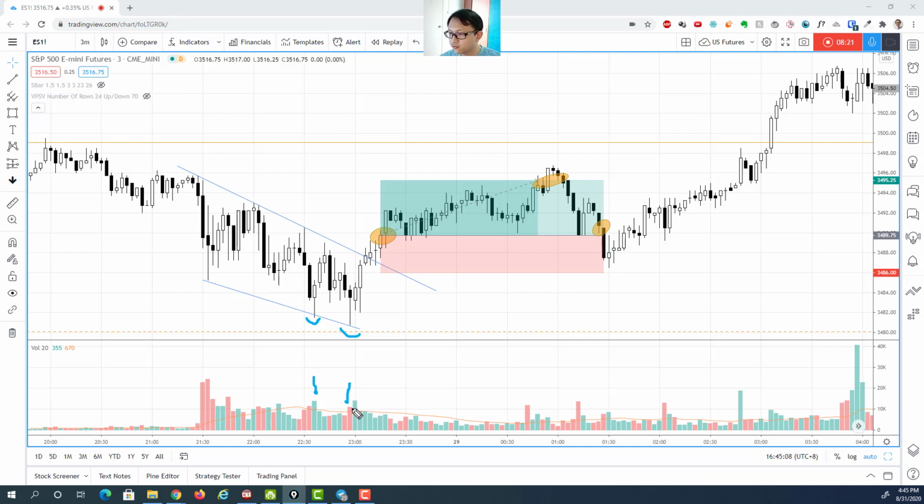Comparing the volume, it is slightly lower, but obviously we know that the demand is present in both candles. So definitely there is demand present. In this case, I would like to compare the demand within these two candles. We can see that this is from the low to the open and close here.